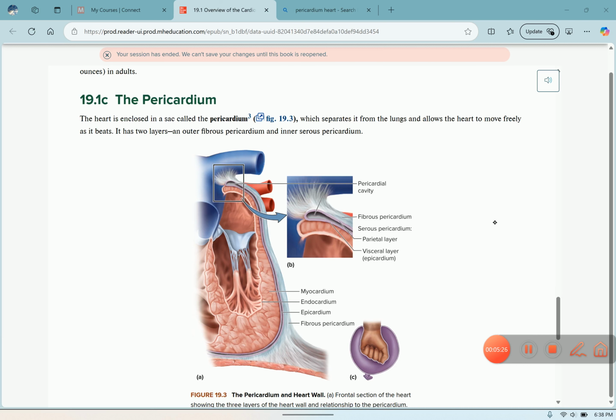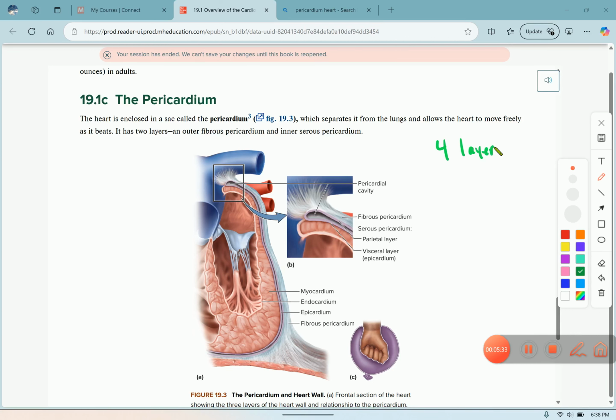Okay, the heart has 4 layers. Starting on the outsidemost layer, which is the superior most layer, it is the pericardium. So the pericardium is the first layer that you come to.